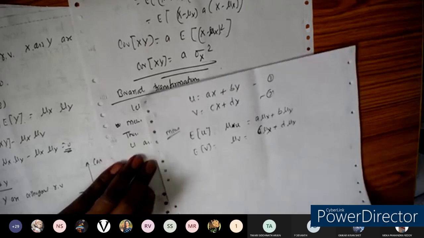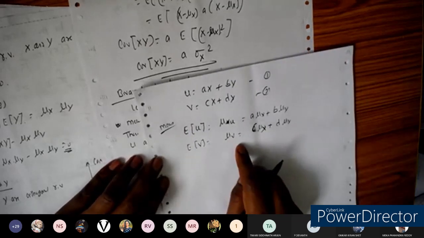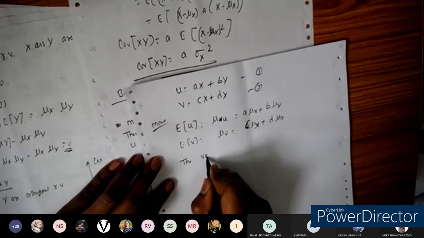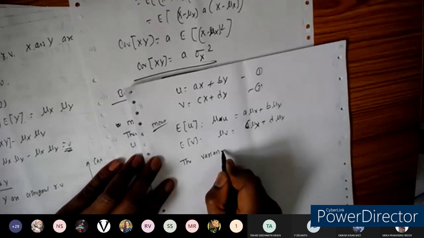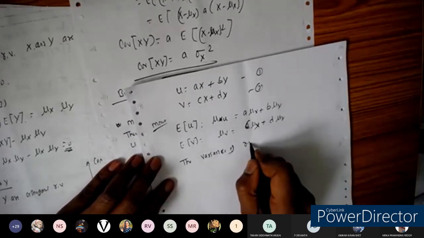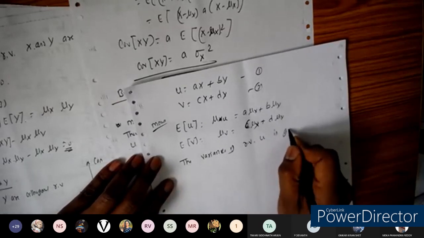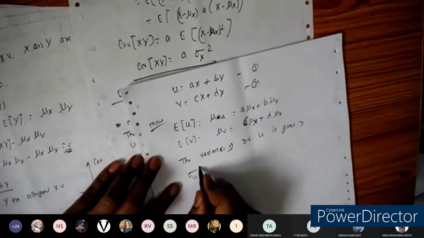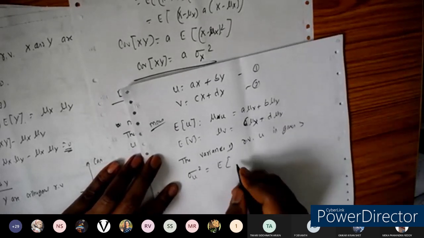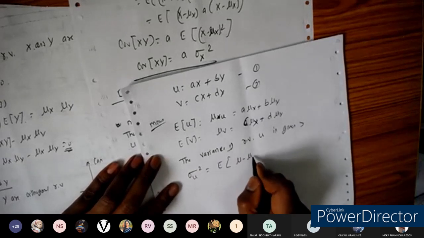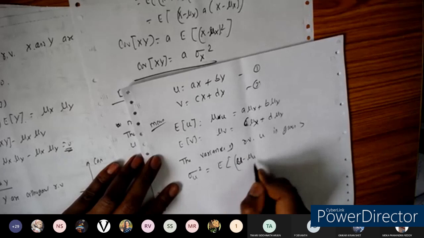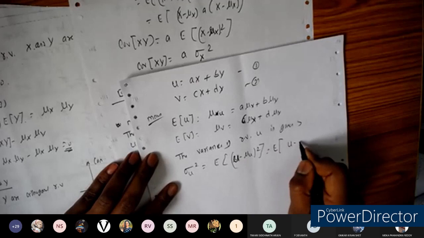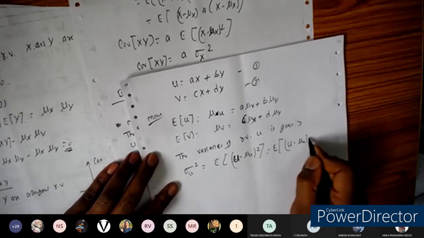Now the mean we have already found, so let us find the variance of the random variable U. The variance is sigma_u squared, defined as the expectation of (U minus mu_u) the whole square.